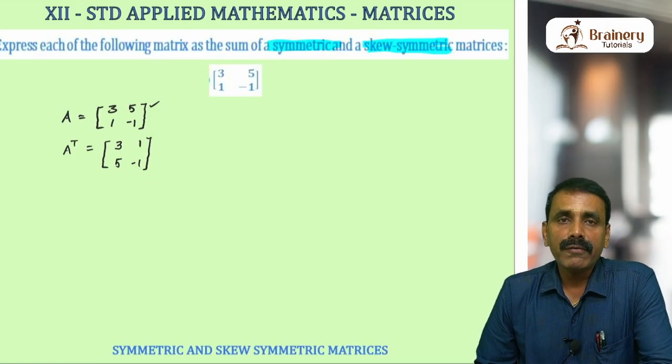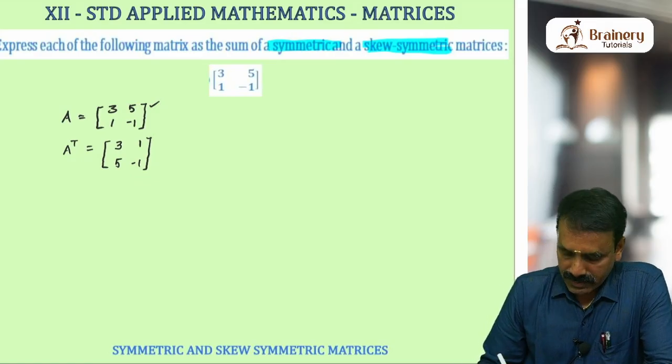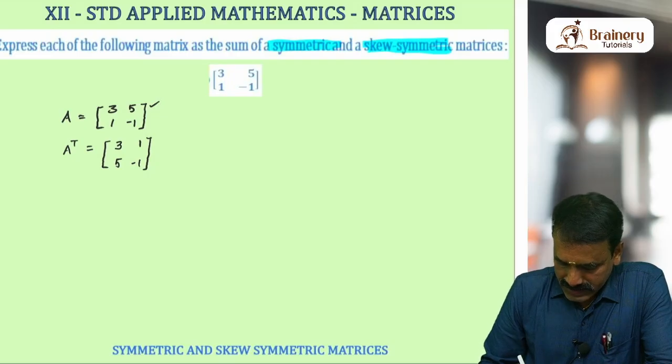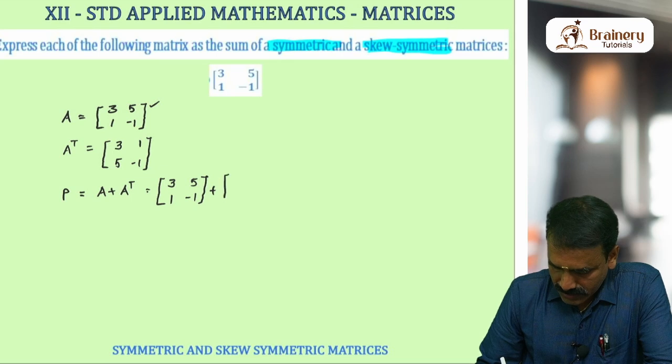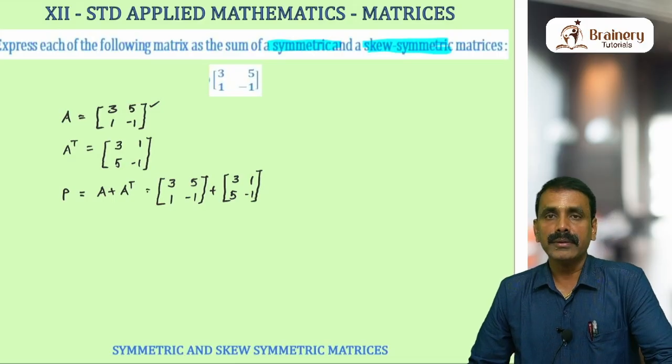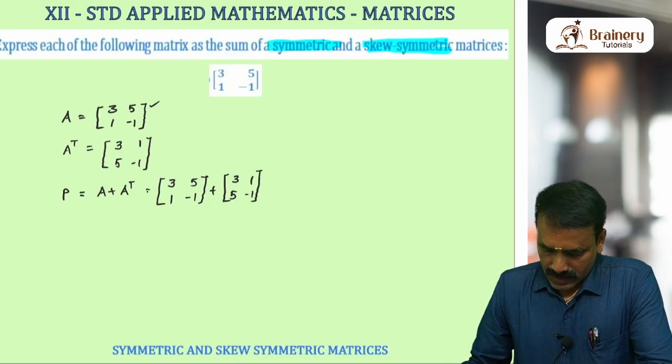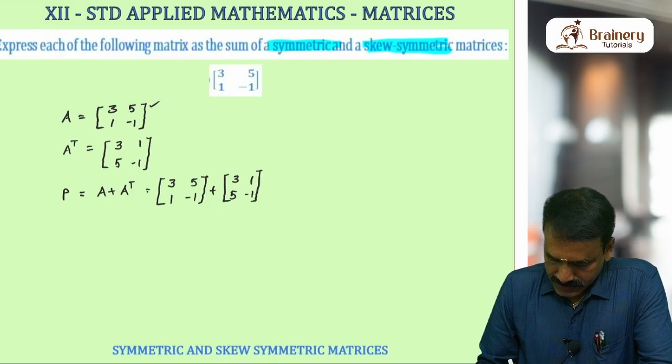Now I am going to find the sum of these two matrices. So I am going to find the P matrix. P is equal to A plus A transpose. The A matrix is 3, 5, 1, minus 1. A transpose is 3, 1, 5, minus 1. Is it clear? Now we are going to add these two matrices.